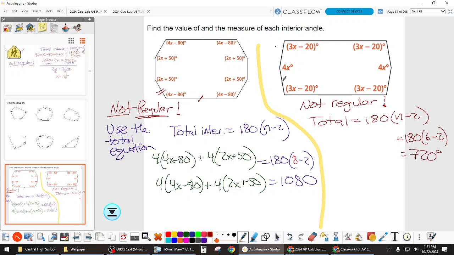Guys, what that tells us is in here, all those angles make 720 degrees, right? It tells us the total degrees in that hexagon is 720 degrees. And how are we getting those 720 degrees? We're just adding all of these up, right? That's all. The total has to be each angle added up.